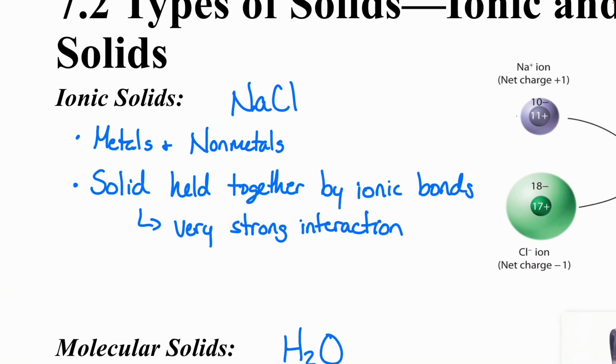Because there are these insanely strong forces holding these solids together, what would we expect about their melting point? Do they have low melting points or high melting points? Super high melting points. Because they're held by these ridiculously strong interactions, these have super high melting points, so much so that you do not encounter liquid ionic compounds.